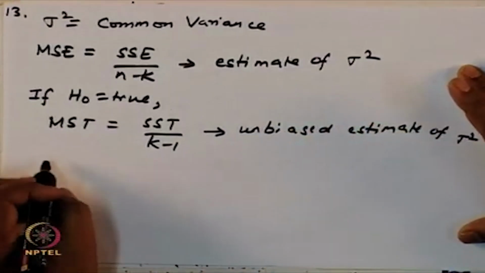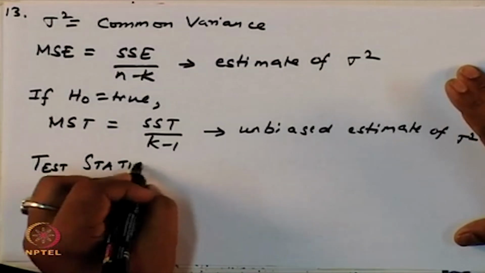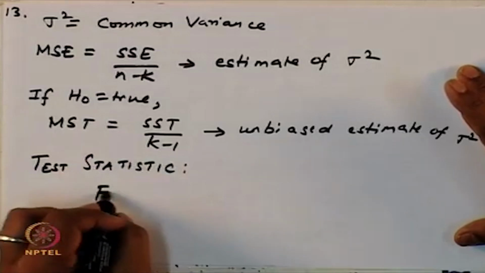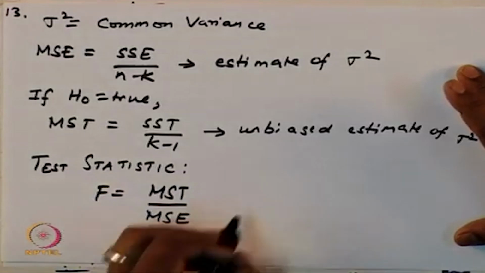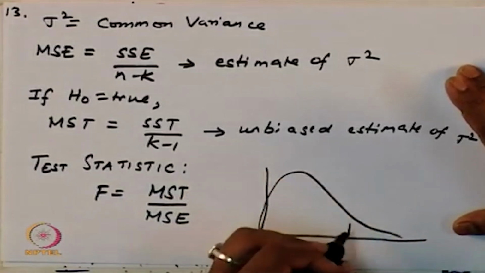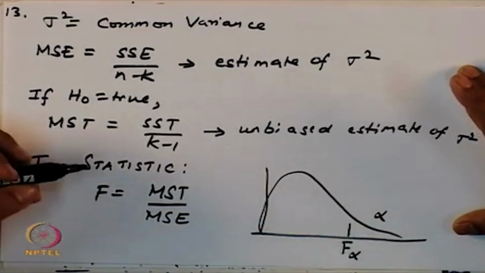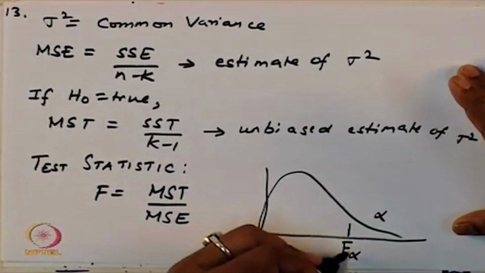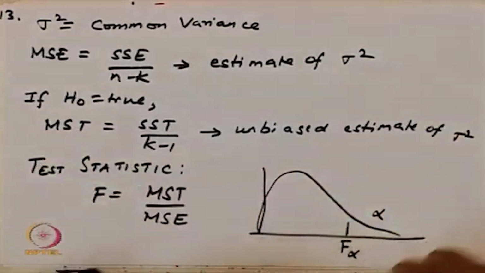So, you can use the test statistic F equal to MST by MSE. And as before, you can use your F test and calculate F of alpha; if your F value is greater than F of alpha, then you know your hypothesis is not true.